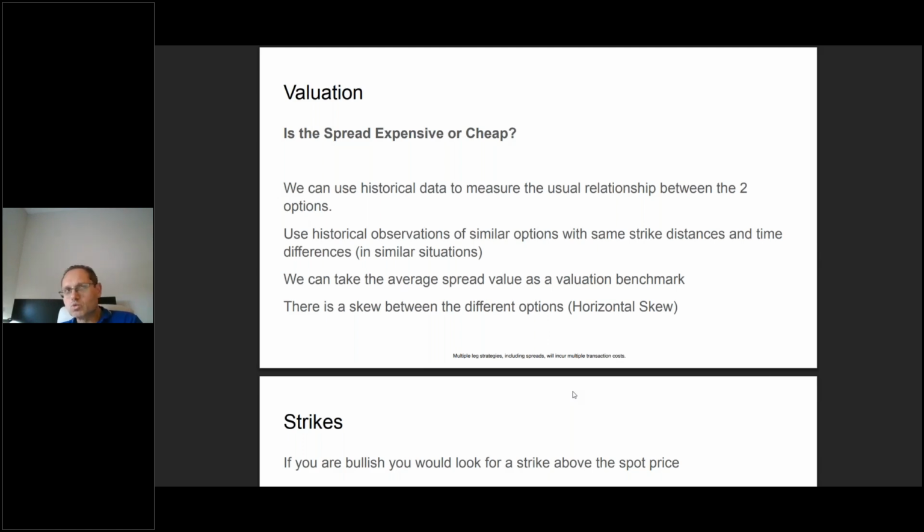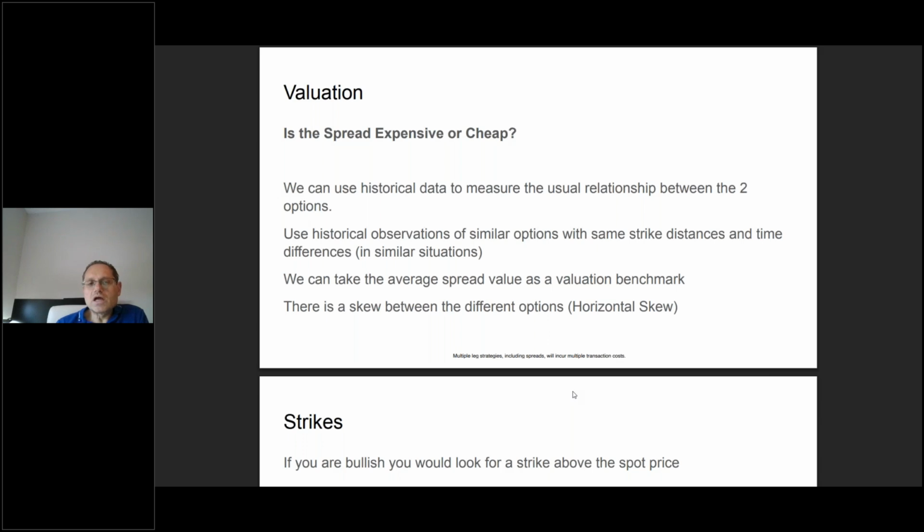Calculating the valuation, what do we think the value of this spread is worth, also is tricky, because we have two different expirations. So what are the implied volatilities that we assign them? Because there's still a relationship between them, but the implied volatilities could be different, which could be normal.